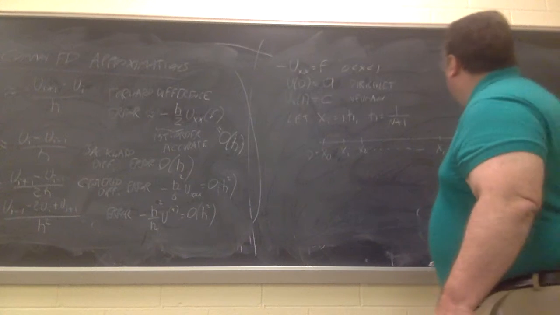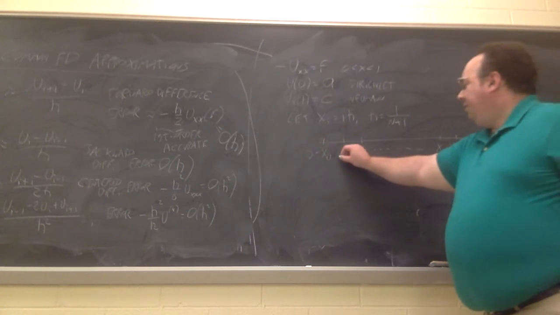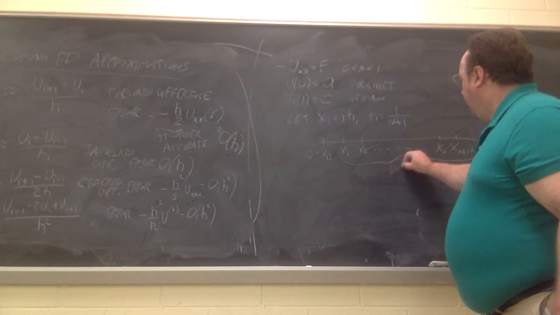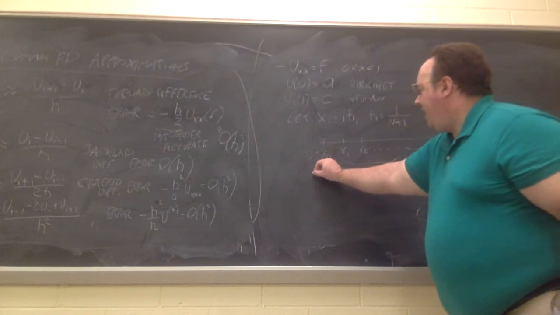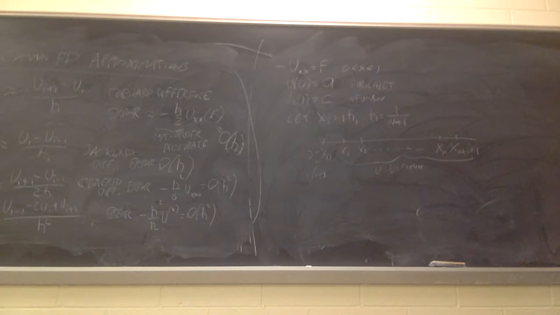This is 0. So at these points, it's where u is unknown. It's equal to a over here. So I just need to find u1, u2, up to un plus 1. So I have n plus 1 equations and n plus 1 unknowns.